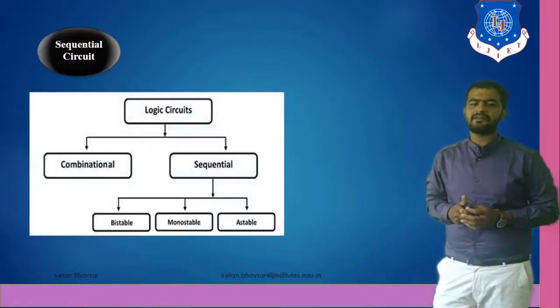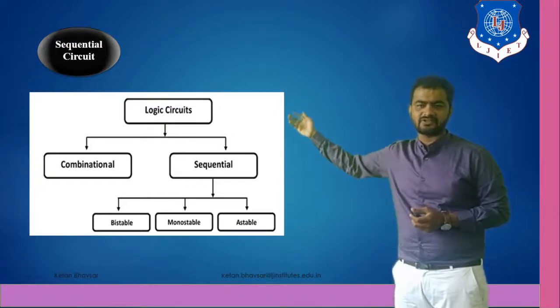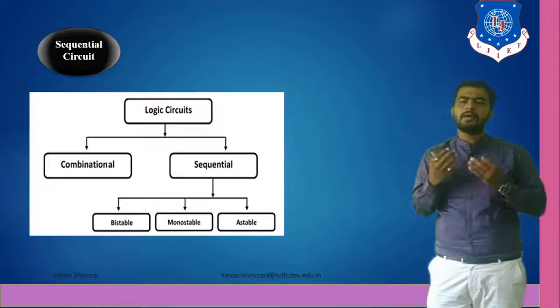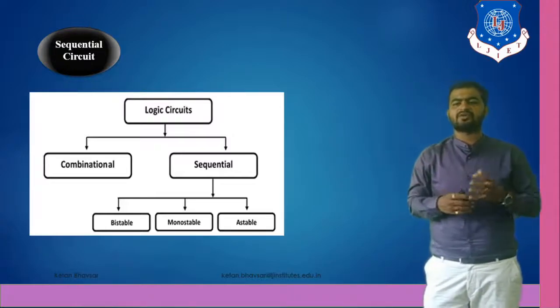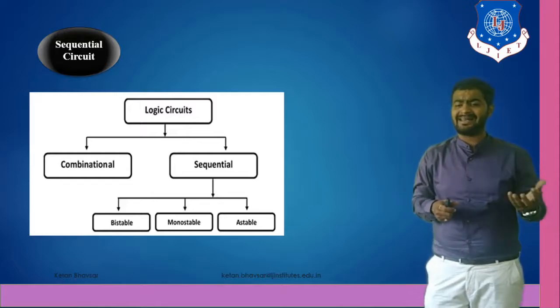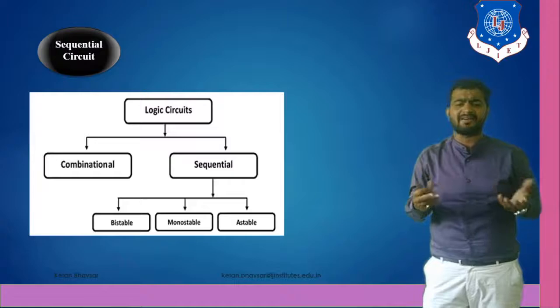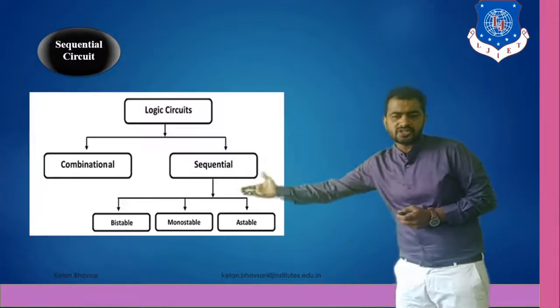First of all, you can see the basic diagram of the logic circuit. We have two types of circuit, combinational circuits and sequential circuits. We already worked on combinational circuits in terms of NOR gate and NAND gate, and also the multiplexer, demultiplexer, encoder, decoder, half adder, full adder, etc. But right now we are focusing on the sequential part.